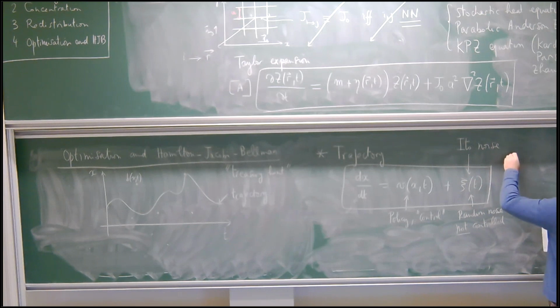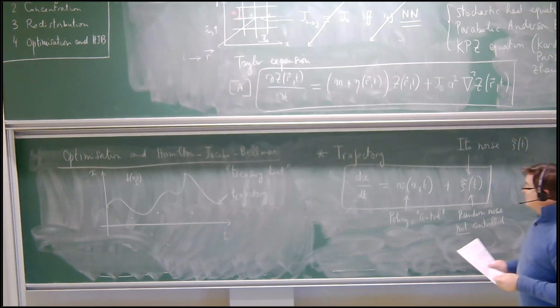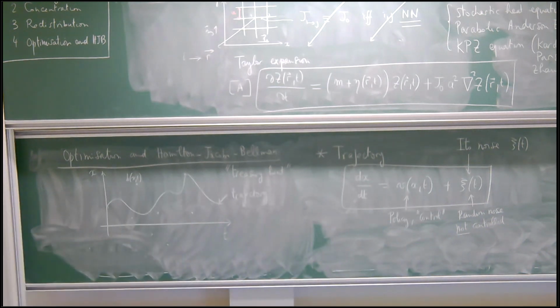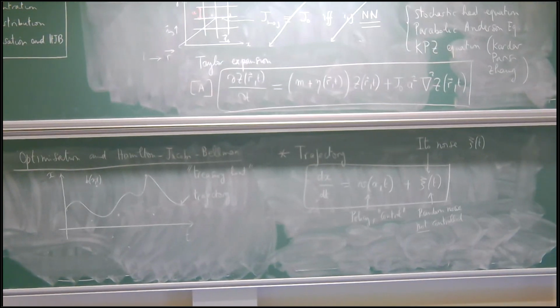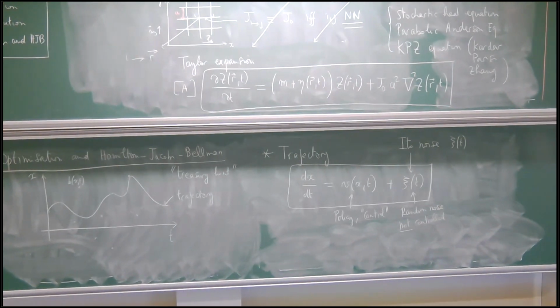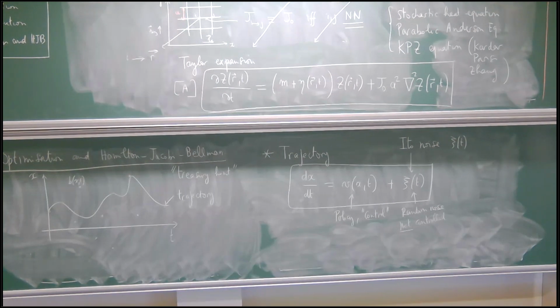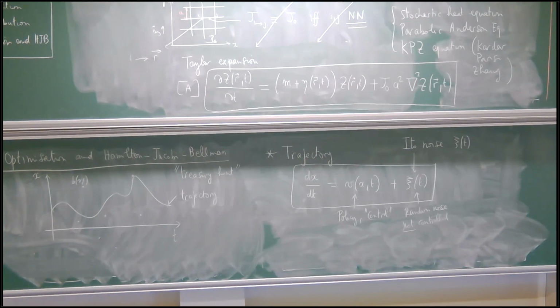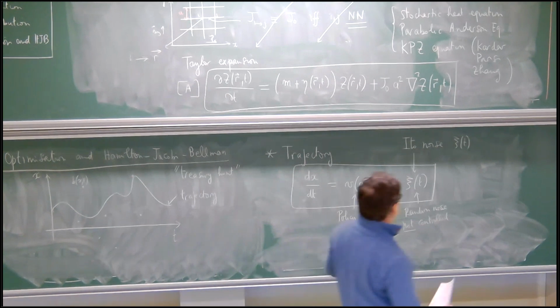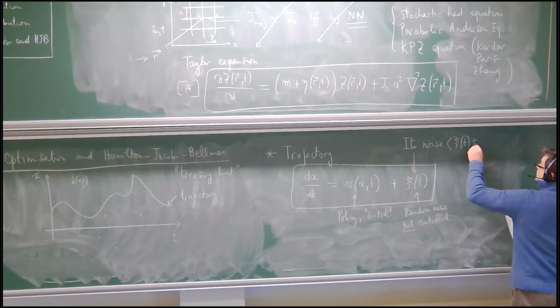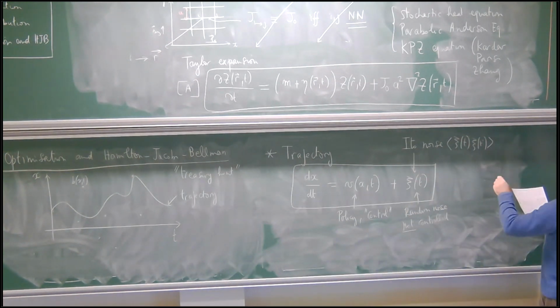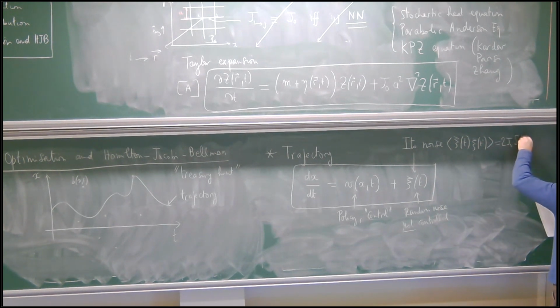And I'm going to assume that the correlation of psi of t with psi of t prime is equal to 2 J0 delta of t minus t prime. Are you still seeing this?